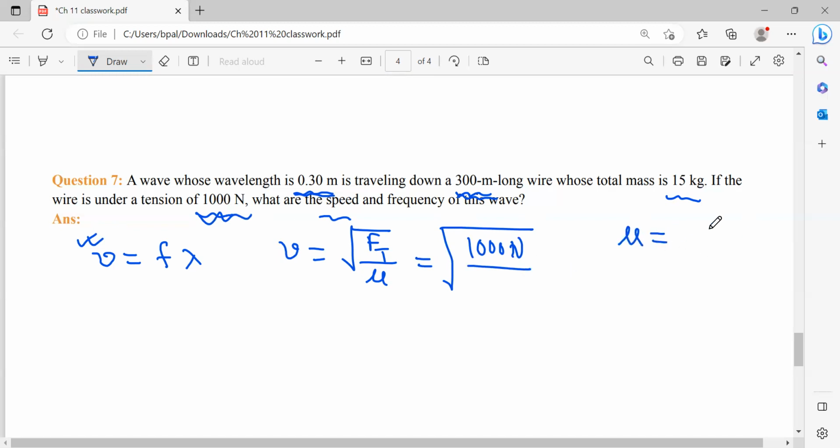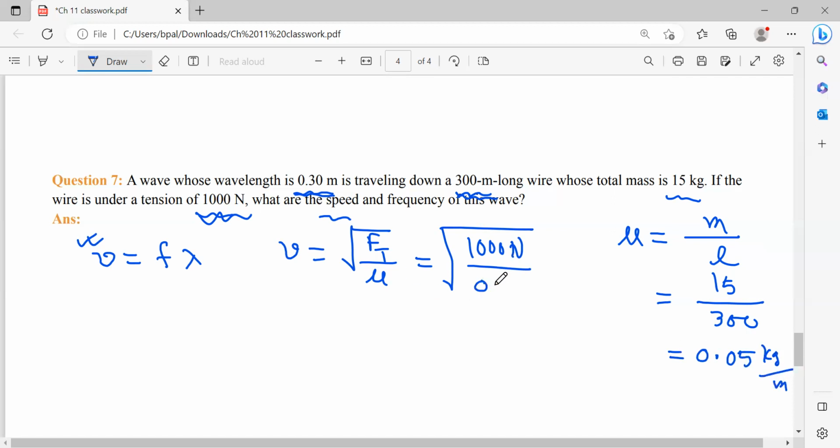So mu is mass per unit length, right? So mass is 15 kilogram and length is 300 meter. So that is equal to 0.05 kg per meter.